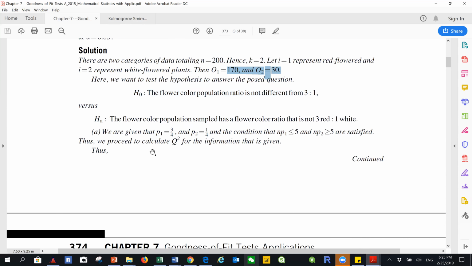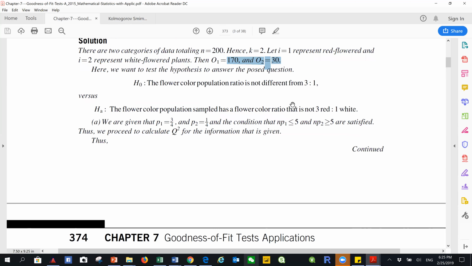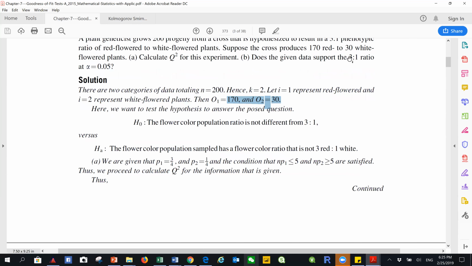Given the 3-to-1 ratio, p1 equals 3 over 3 plus 1, which is 3/4, and p2 is 1/4.